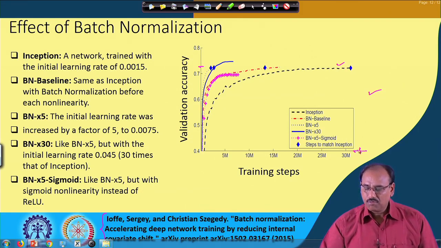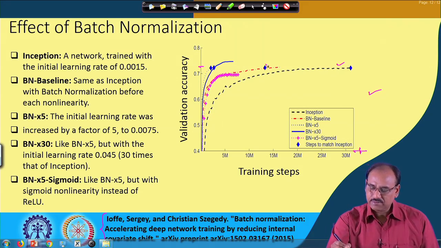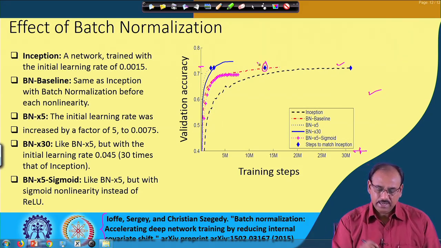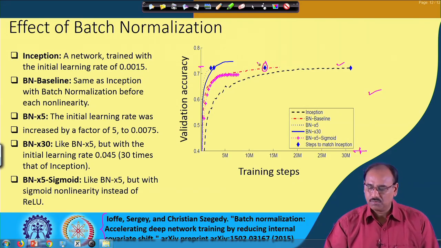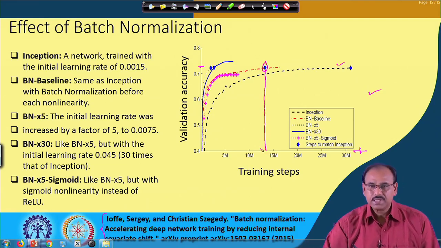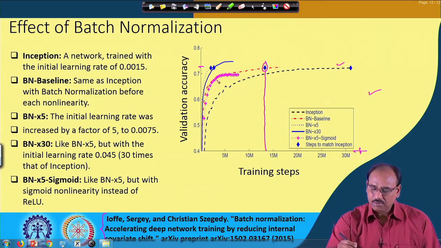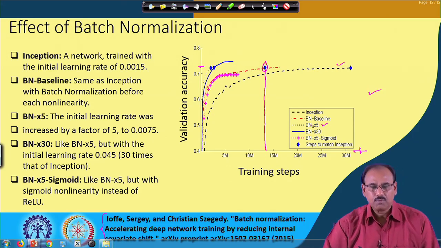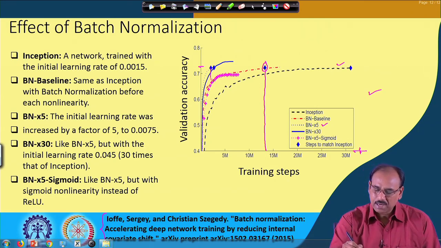Whereas with batch normalization, with an initial learning rate of 0.0015, the same validation accuracy is obtained within less than 15 million iterations. Similarly, this is batch normalization with an initial learning rate 5 times 0.0015; you take much fewer iterations to achieve the same accuracy.